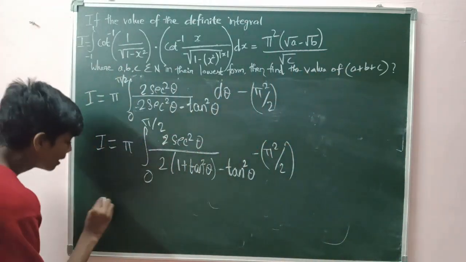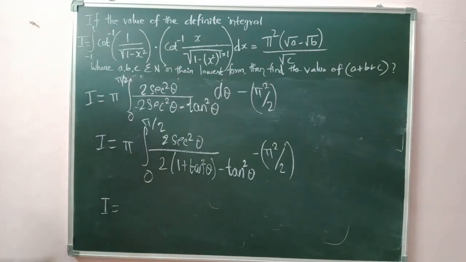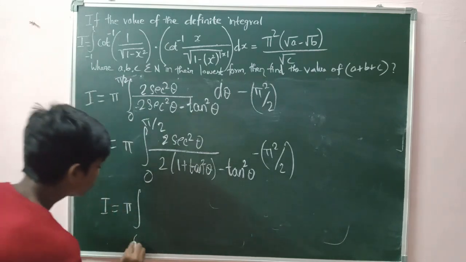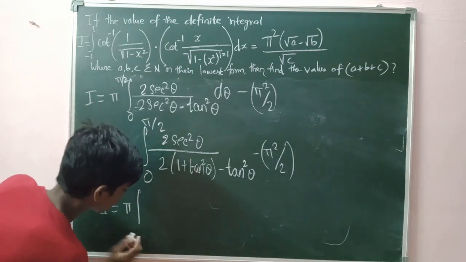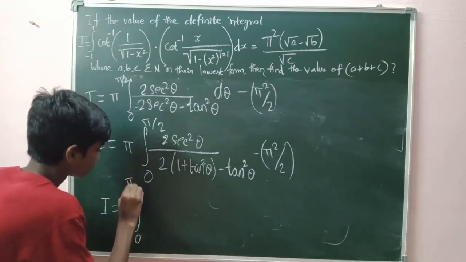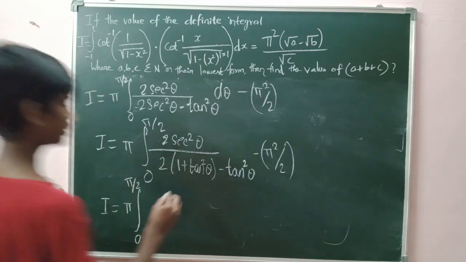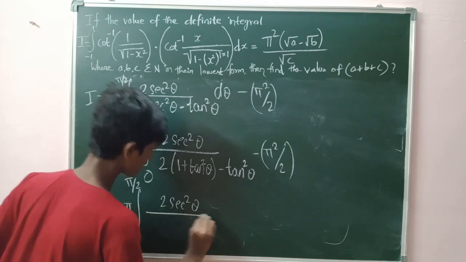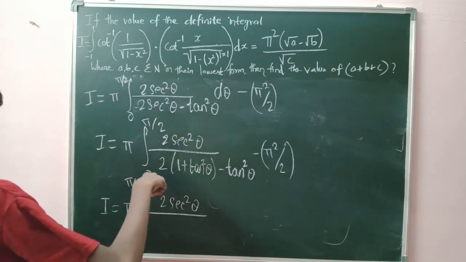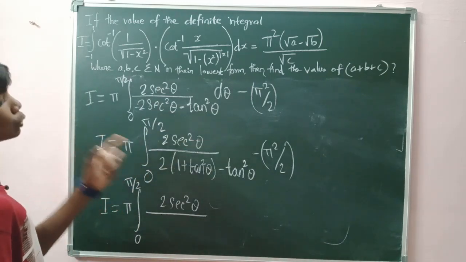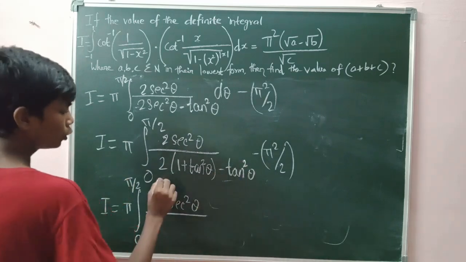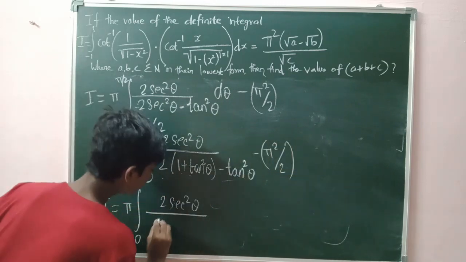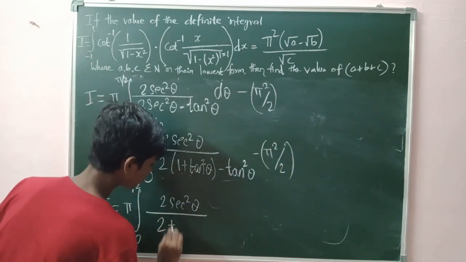I'm just writing a secant square theta as 1 plus tan square theta using a trigonometric Pythagorean identity. So after solving out I can write it as pi times of integral of 0 to pi by 2, then 2 secant square theta by 2 times of 1 plus tan square theta is 2 plus 2 tan square theta minus tan square theta. 2 into 1, 2 plus 2 tan square theta minus tan square theta will be 2 plus tan square theta.